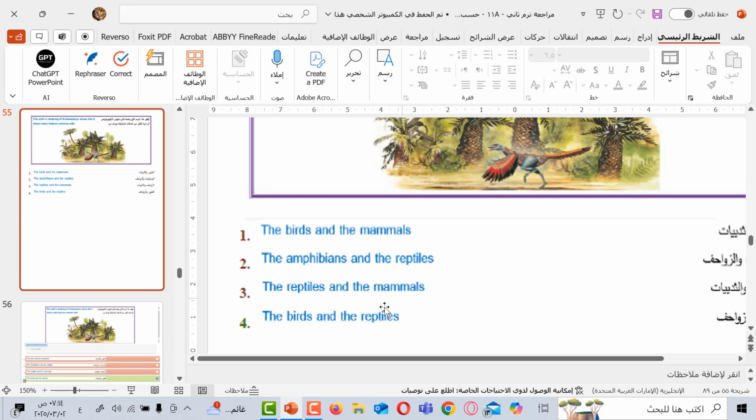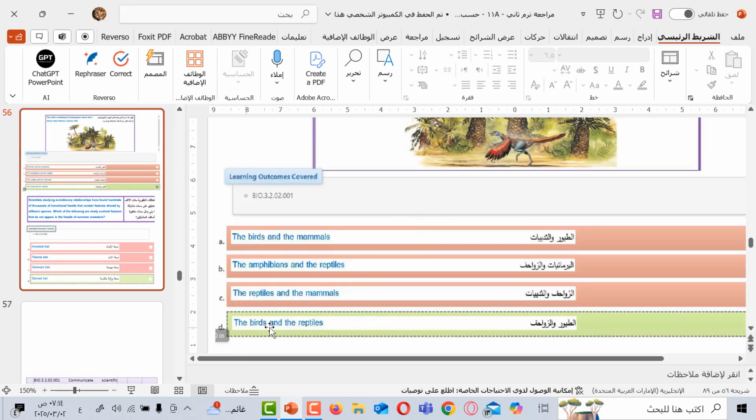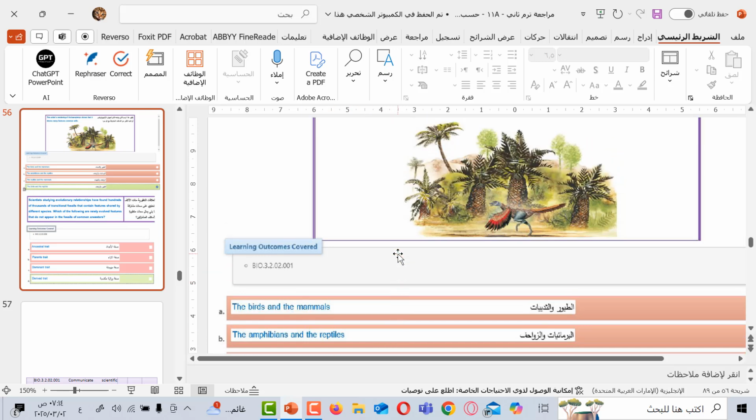No. The birds and reptiles, yes, because it's an intermediate, a middle fossil between the ancient and the original. Okay, another question, I think it's the same. The birds and the reptiles, yes.